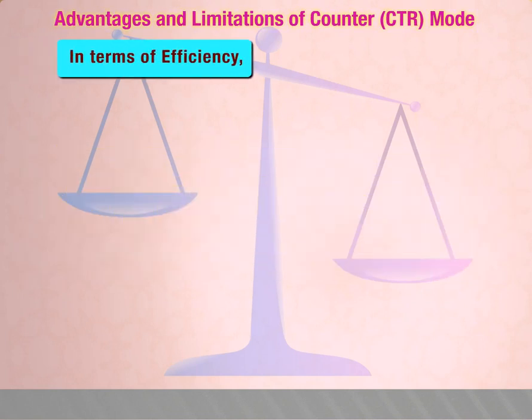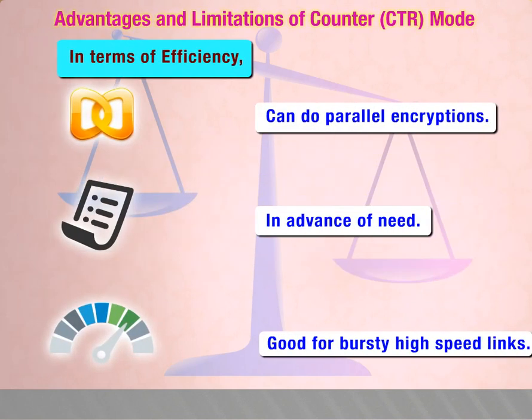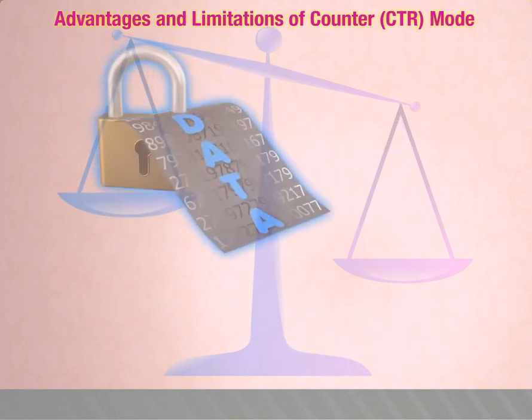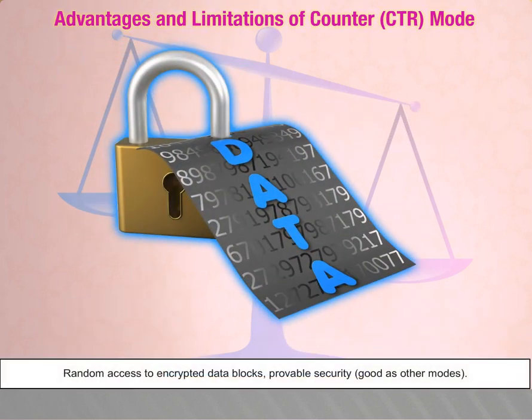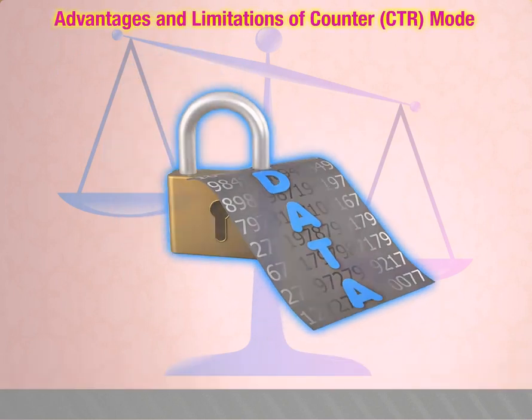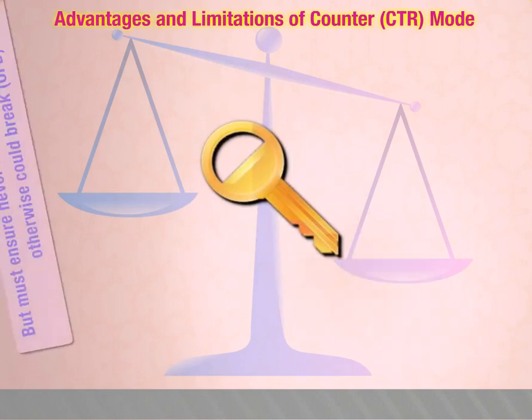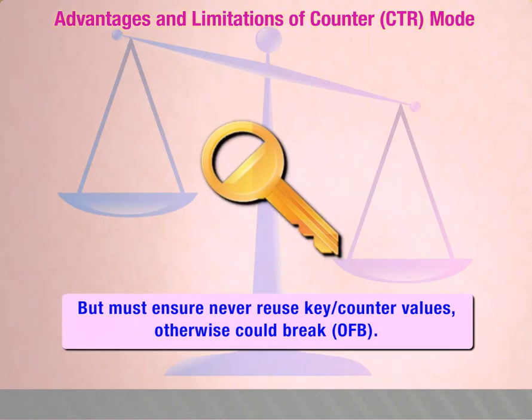In terms of efficiency, can do parallel encryptions in advance of need, good for bursty high-speed links, random access to encrypted data blocks, provable security, good as other modes. But must ensure never to reuse key or counter values, otherwise could break.